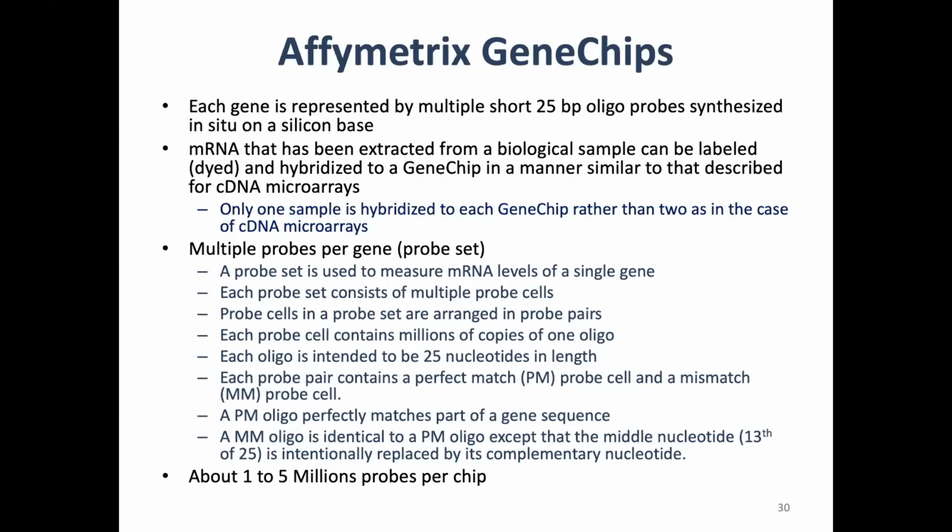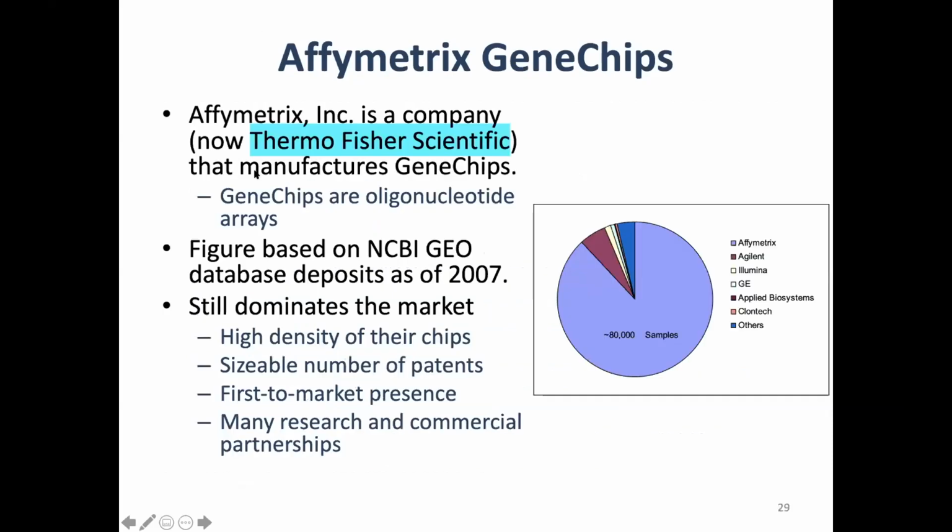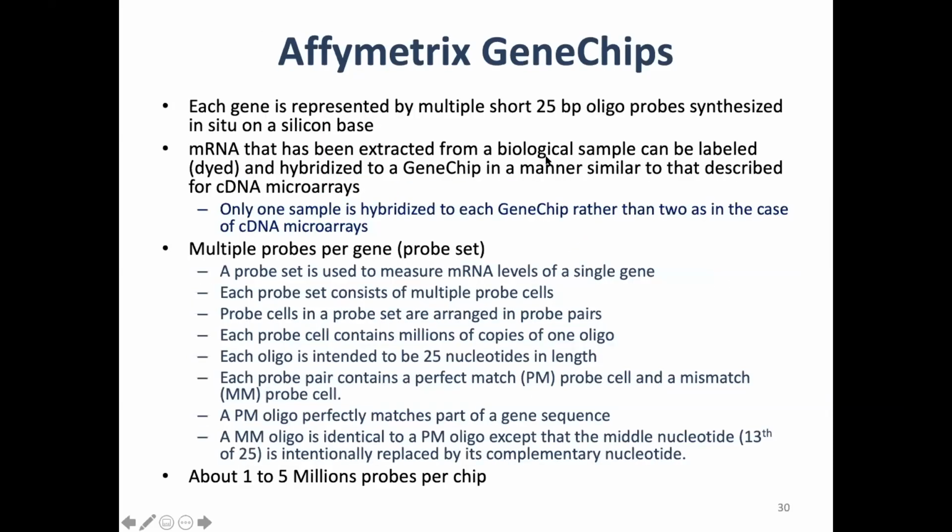We have already looked at how the microarray works, in the two-color microarray, where two samples labeled with two different dyes are injected into one microarray. So that is two-color microarray.